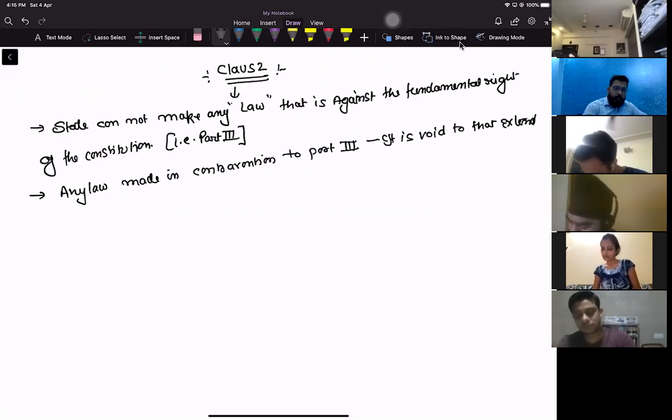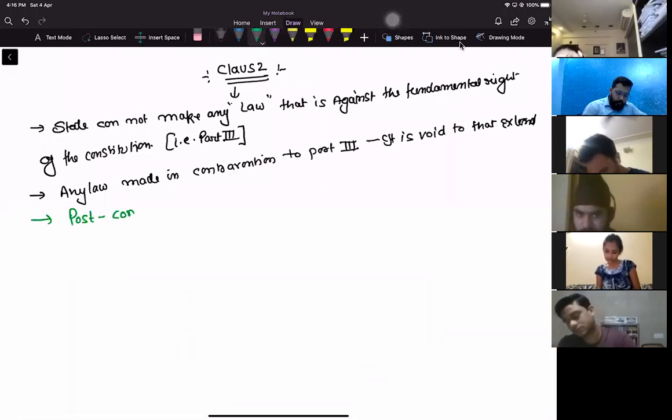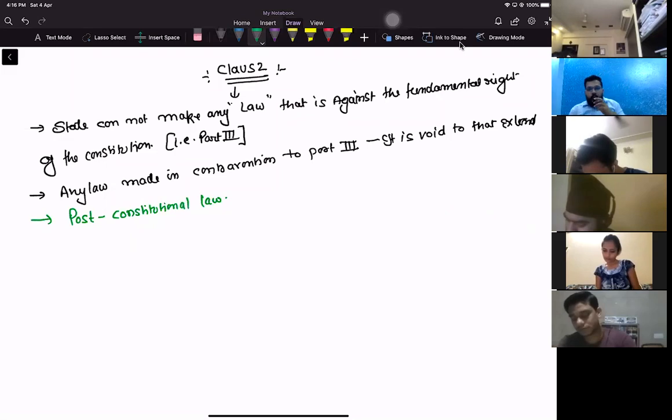So basically, this clause is talking about post-constitutional law. Clause 1 is talking about pre-constitutional law, whereas clause 2 is talking about post-constitutional law.